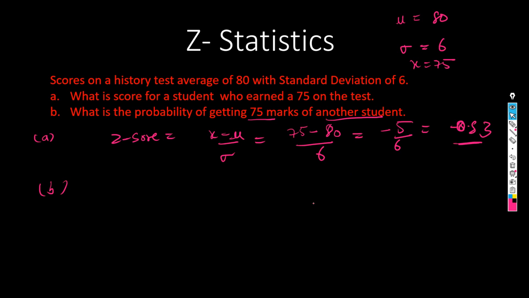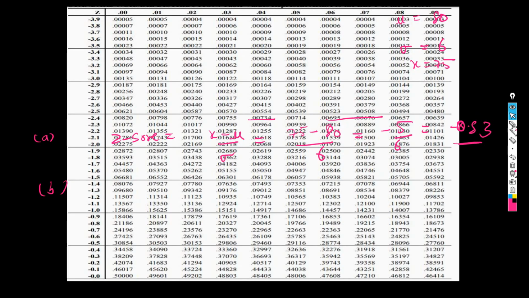I have already copied my Z table from Google. Let's move ahead and see. We got around minus 0.83. Let me change my color. I can write it as minus 0.80 and minus 0.03, so I will get around minus 0.83.